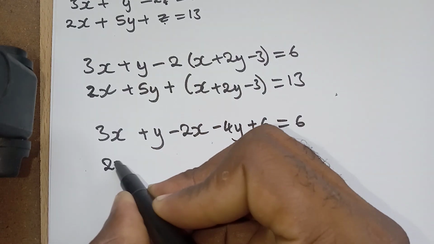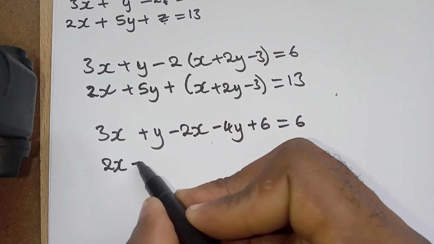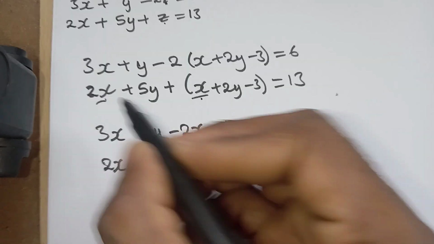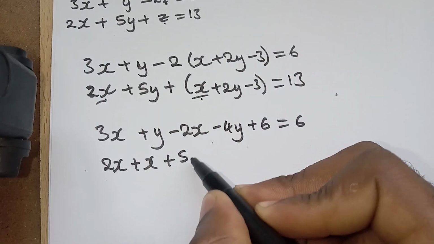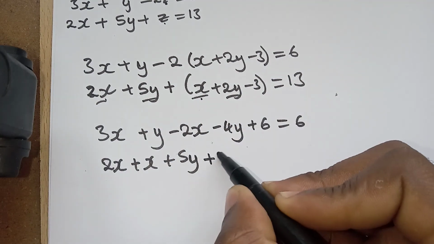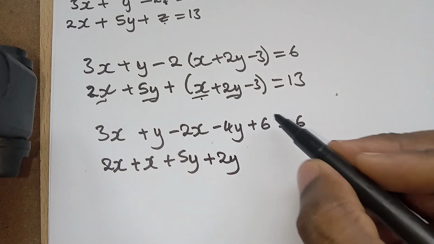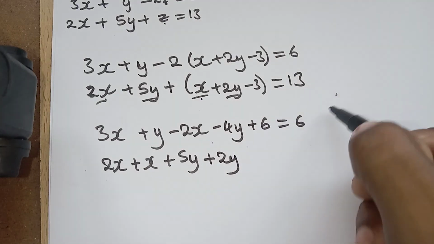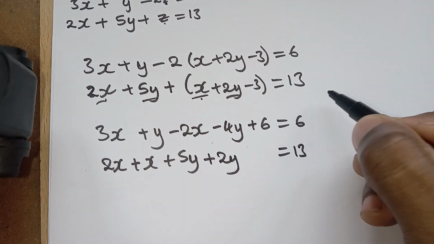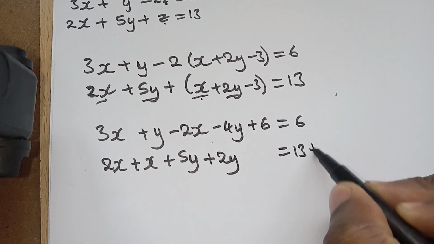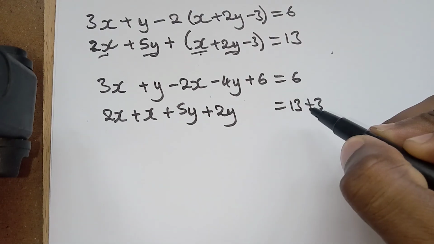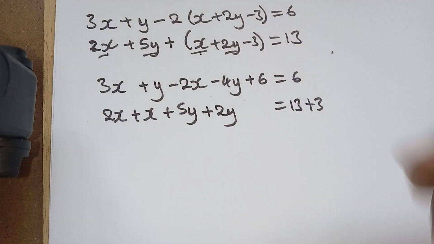So this one will be 2x plus x, and then plus 5y plus 2y, and then you can take the 3 to the other side. When you take the 3 to the other side, it will be positive 3. This is equation 1, this is equation 2.